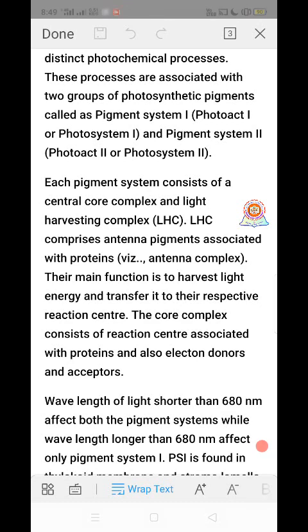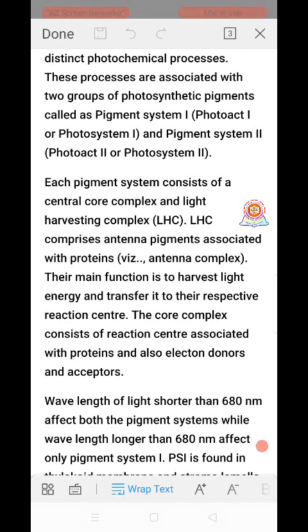Photosynthesis is associated with two reaction centers, photosystem 1 and photosystem 2. Each reaction center contains a group of pigments.